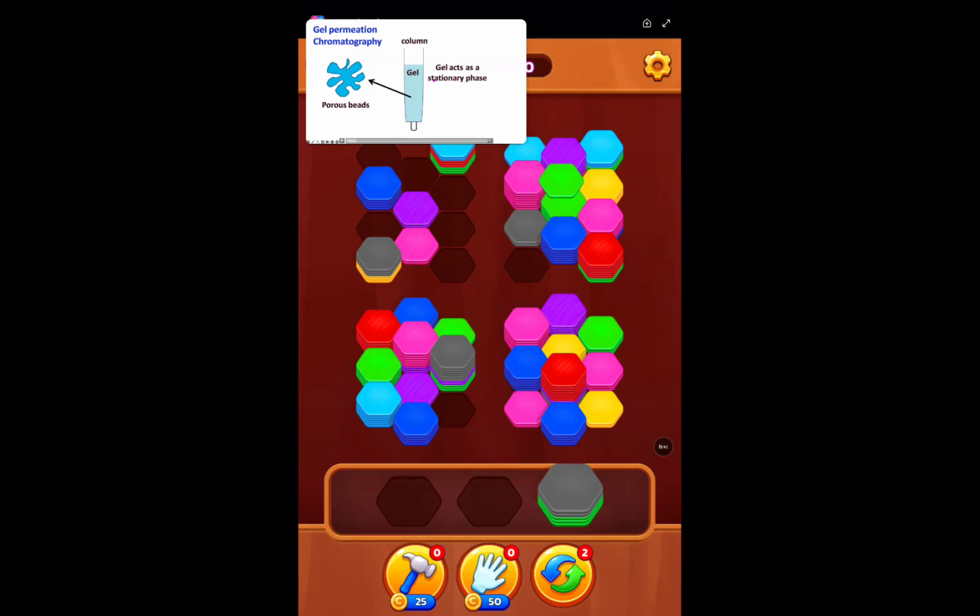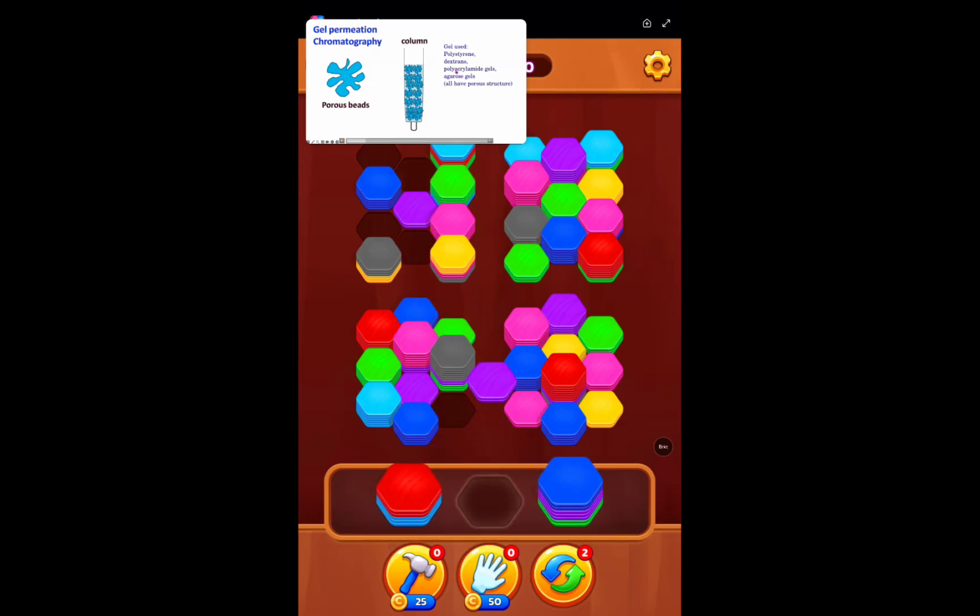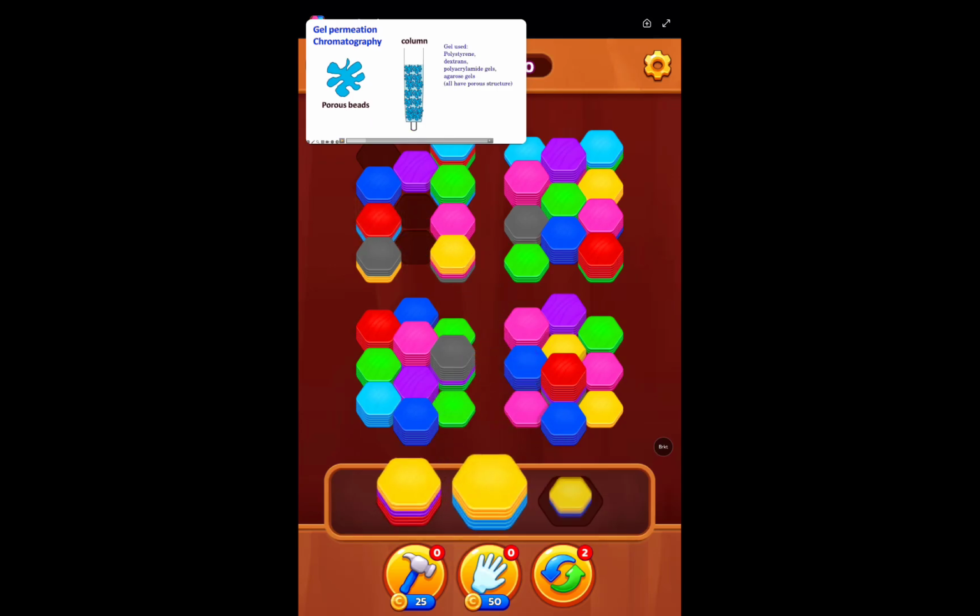So this gel is a stationary phase with the porous beads. You can use different types of gel. You can use polystyrene, dextran, agarose, just like I mentioned, or polyacrylamide. Usually I will recommend using agarose because it's the cheapest and very durable, right? Easy to handle as well, right?